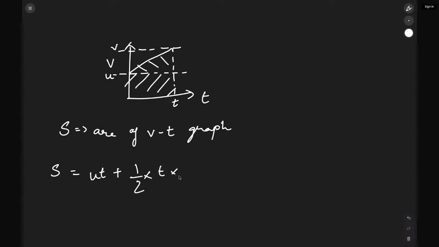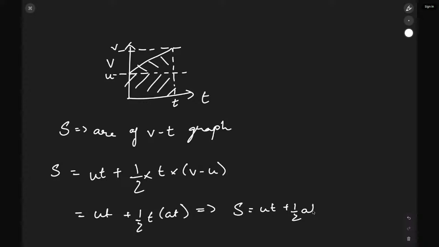Height is how much? v minus u. Now upon solving this, we will get ut + ½t(v − u), and v − u we can write as at. All right. So my s will be equal to ut + ½at². All right.